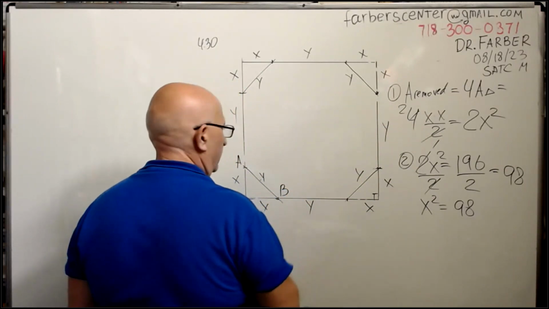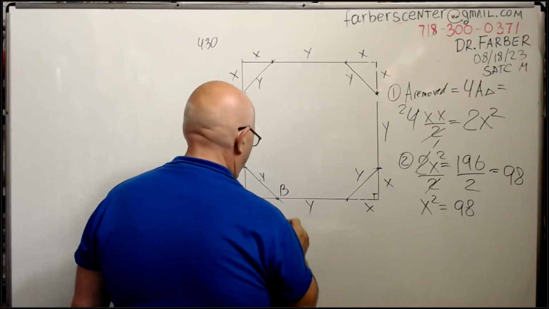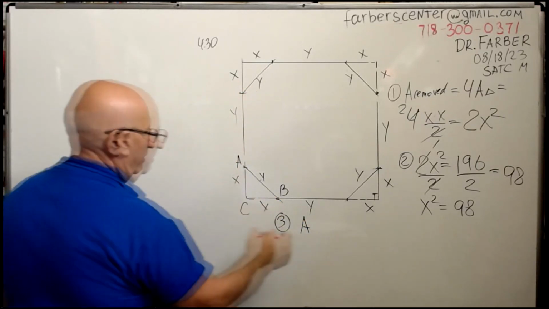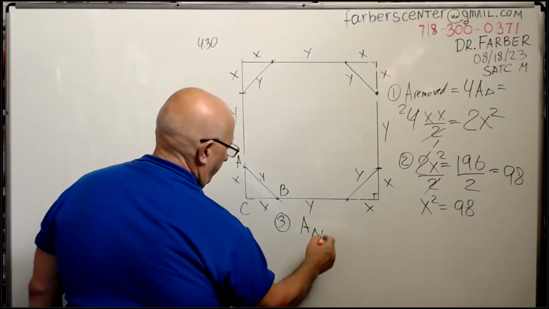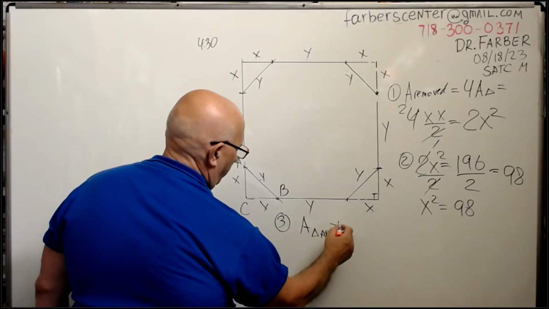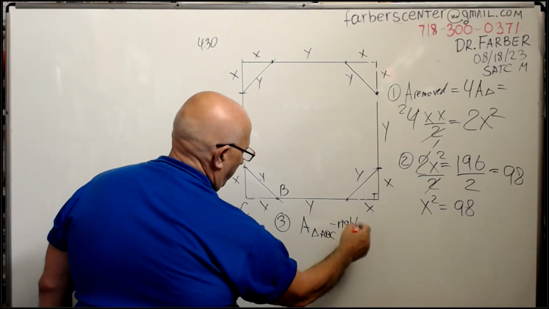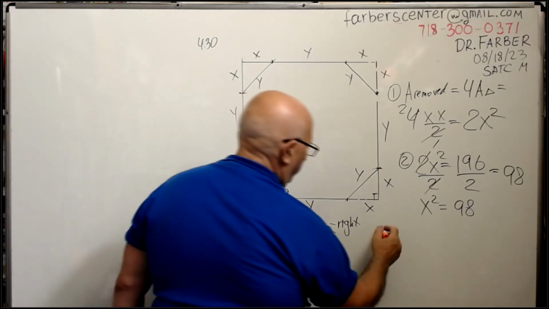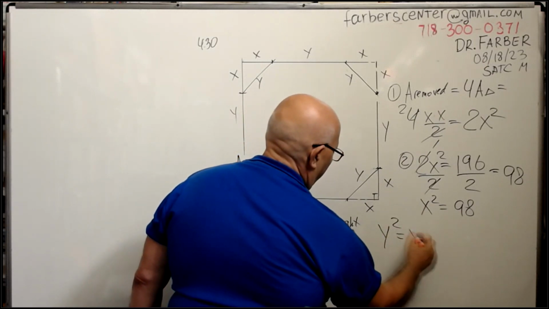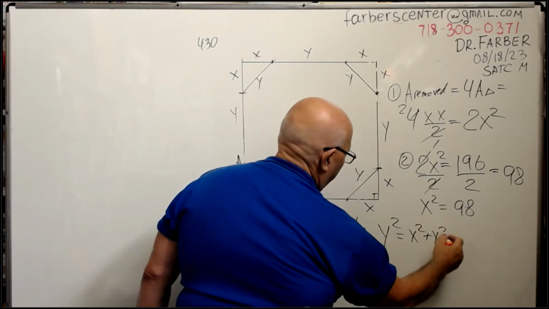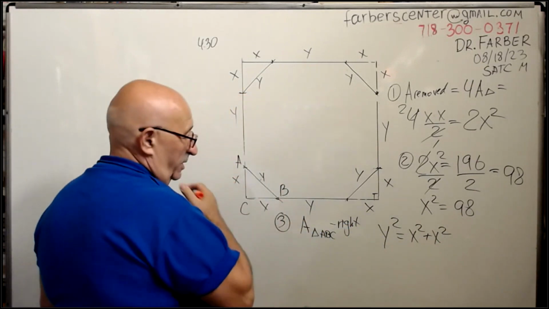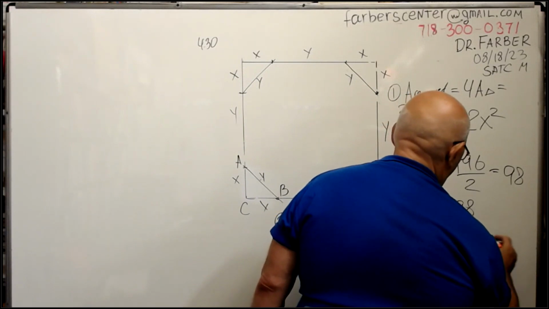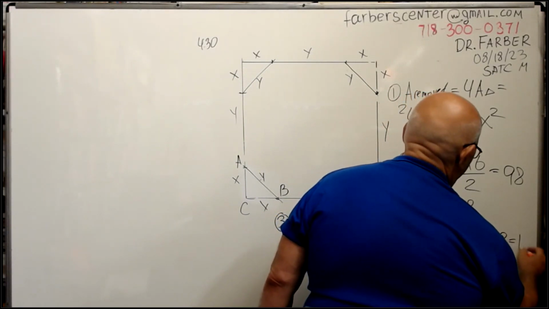From this triangle, in step number 3, triangle ABC, which is right, by Pythagorean theorem y squared equals x squared plus x squared, which is 98 plus 98, which is 196.